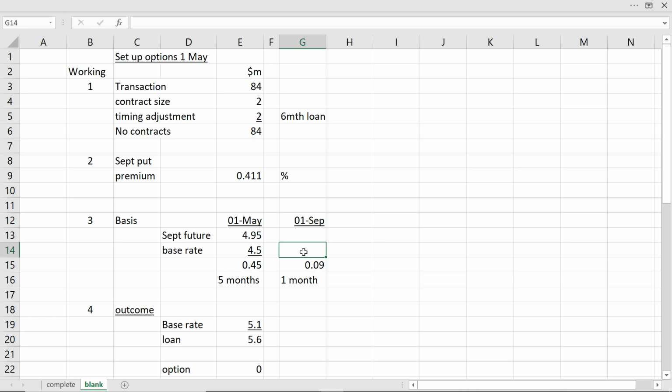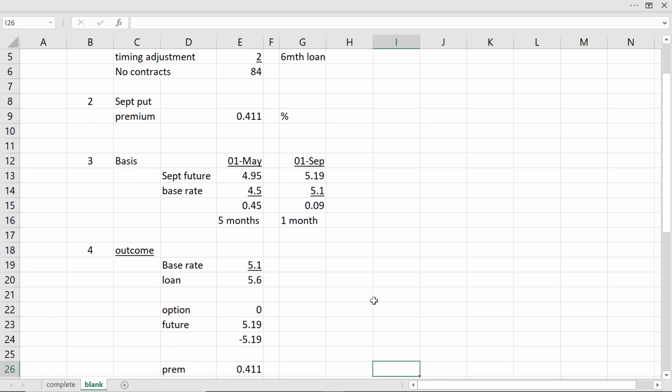We are told to assume that the base rate goes up by 0.6%, and that allows us to make a forecast of the September future, which is going to be 0.09 above the base, so 5.19%. And once I've got that, I can forecast my outcome.